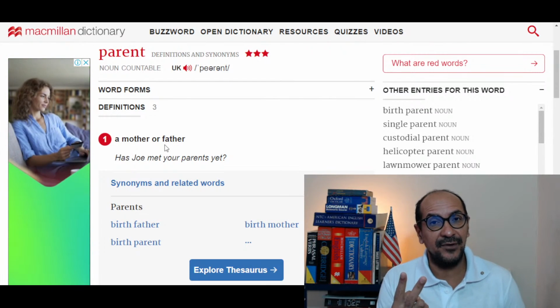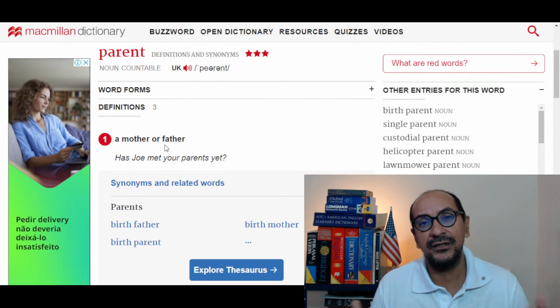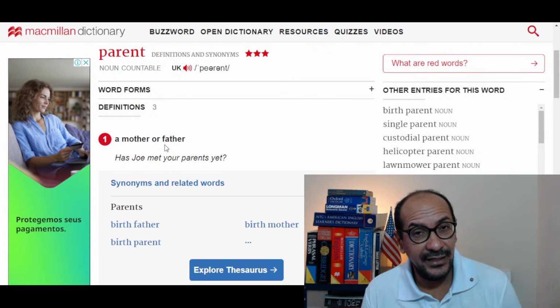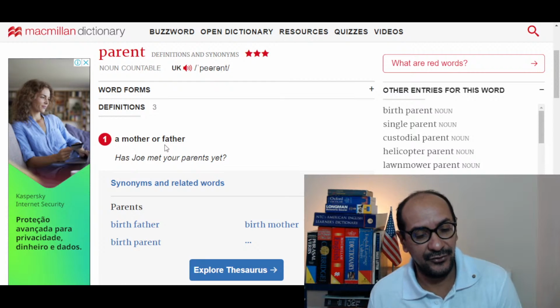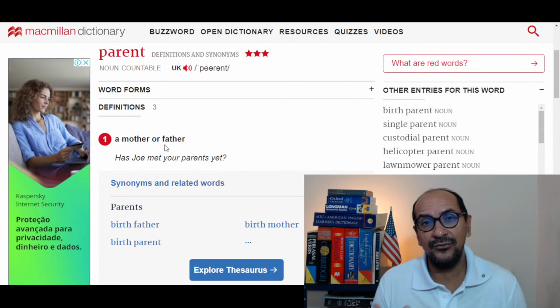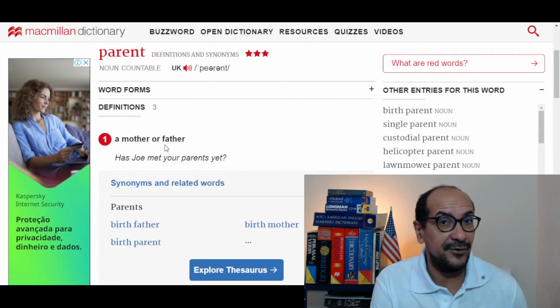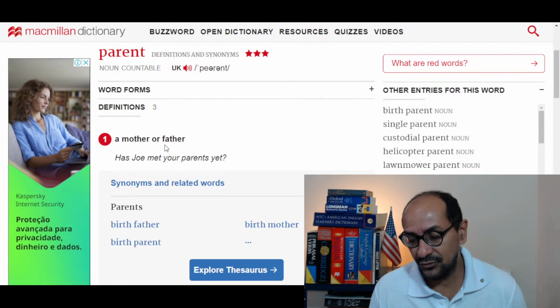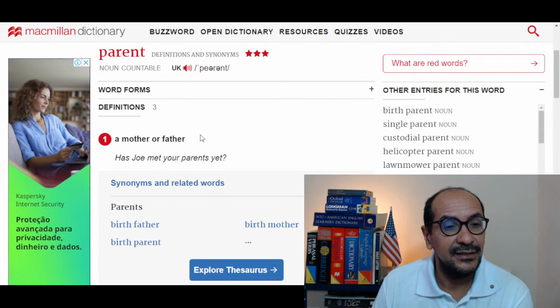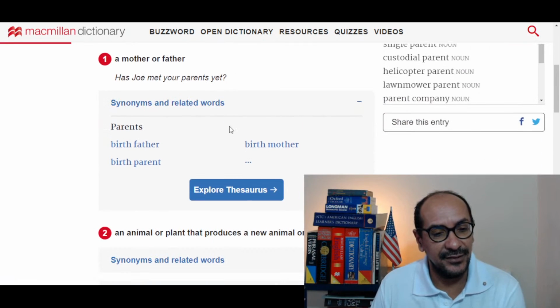Or if you want to say both, the two of them, you say parents. Do not forget that, of course, you're going to say grandmother and grandfather. And when it comes to both of them, you can say grandparents or grandparent. This is something obvious, but I think it's important to say.